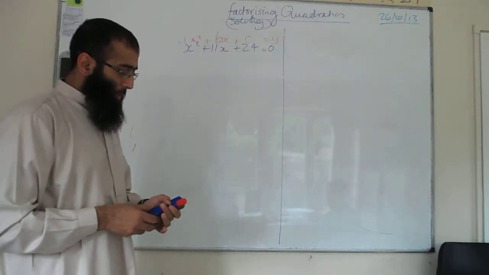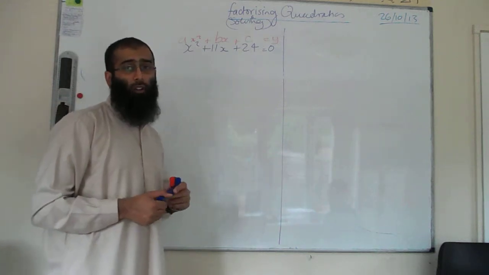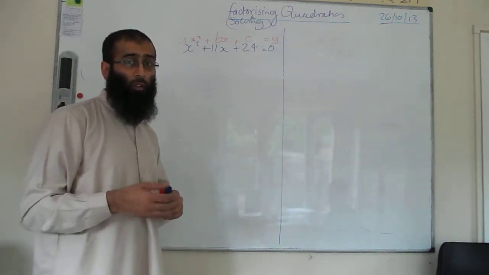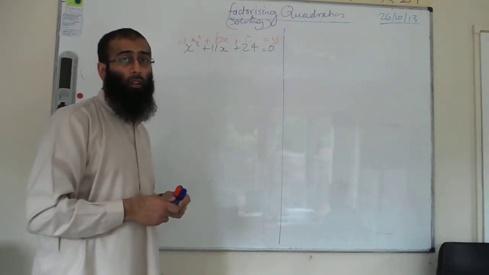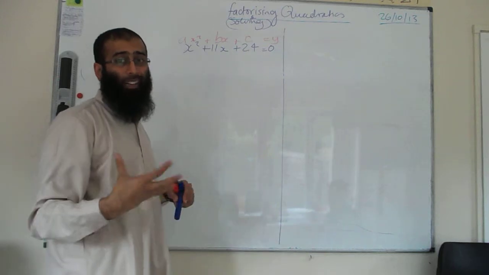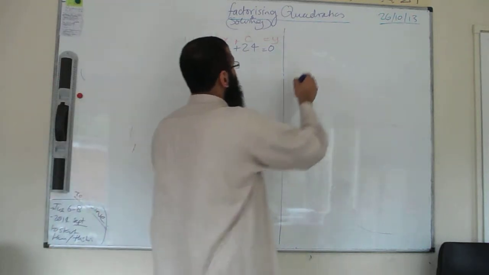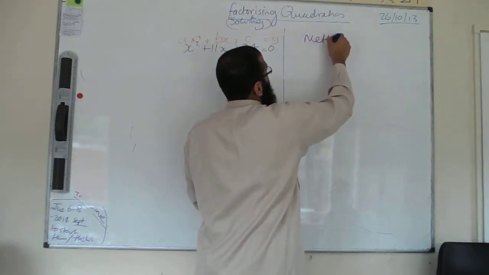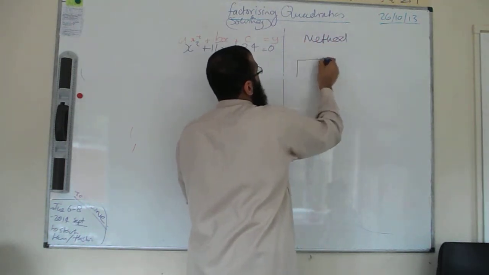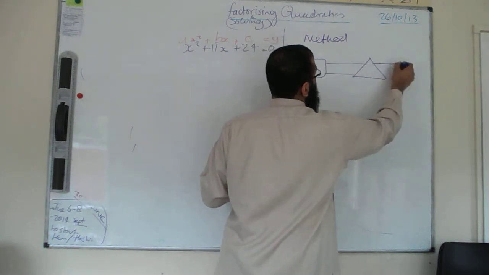Now, when we try to factorize these equations, we do not factorize them using common factors as we've done in previous video lessons, where we're looking for the common x and pulling the x out. Not that method at all. It's a completely different method. So let's have a look at the method on the side. I'm going to represent my two numbers by two shapes.